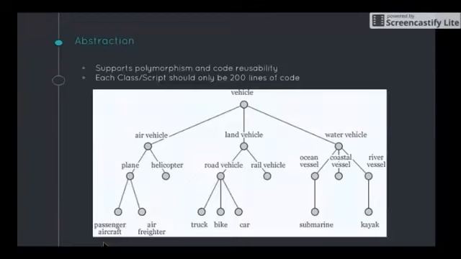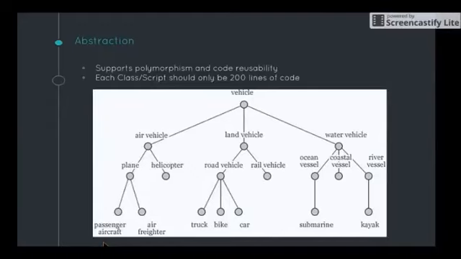If I now want to add a new road vehicle, all I do is inherit from the road vehicle, create a new one like bicycle or trike or something like that, and then essentially I give it the properties that it requires. Everything else is inherited, so we've removed any kind of duplicated code.